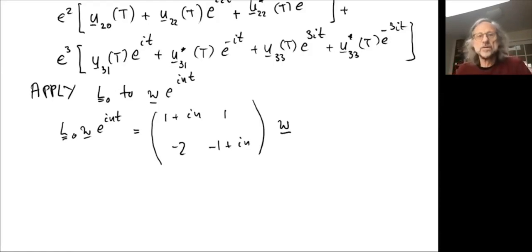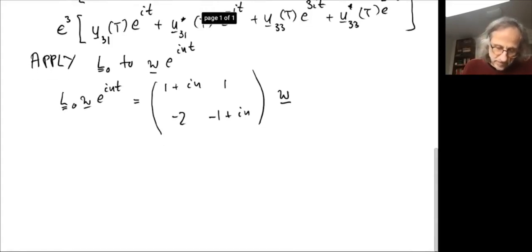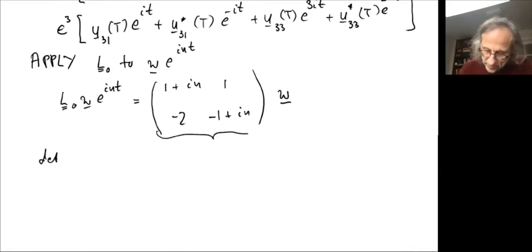So we want to know whether this is singular. For which n is it singular? Well, we need to calculate the determinant. I should call this something so I can talk about it. I'm going to call this L0 of n.